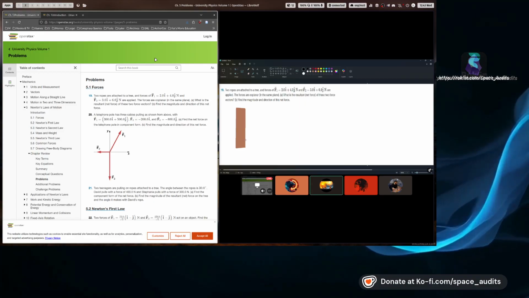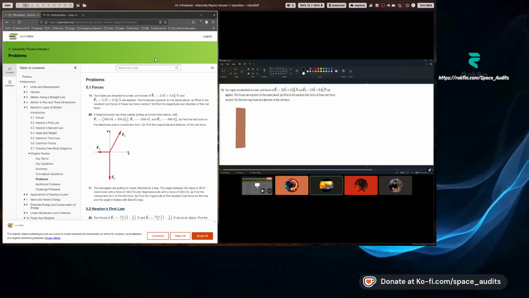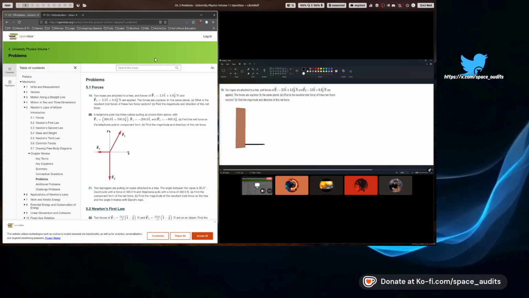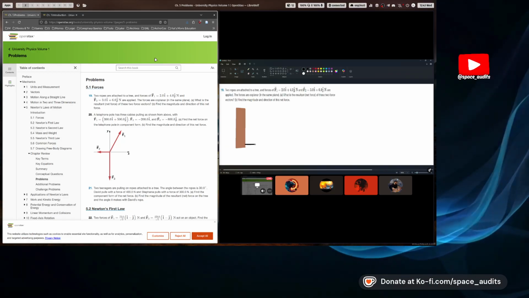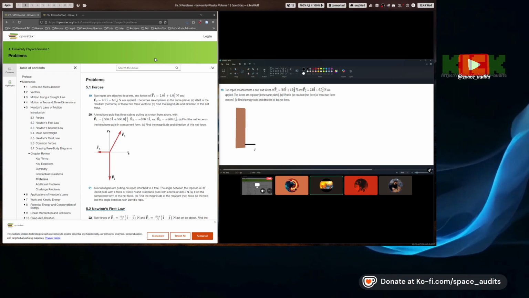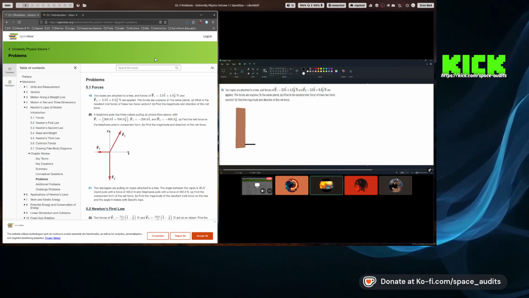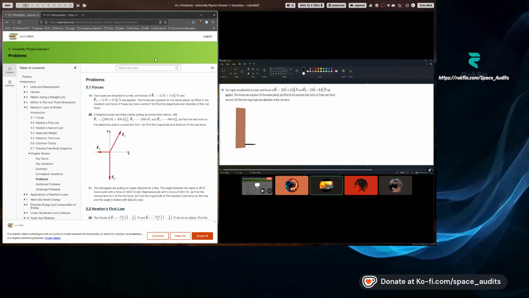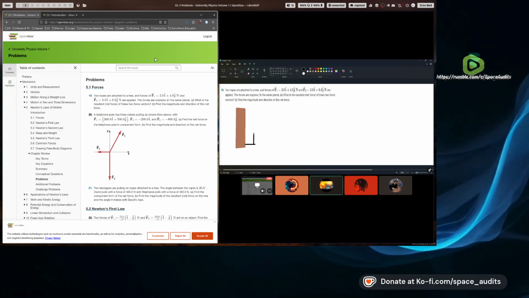So what I'm going to do is draw a rope down here. So there's the X component of my rope. So I also want a Y component.